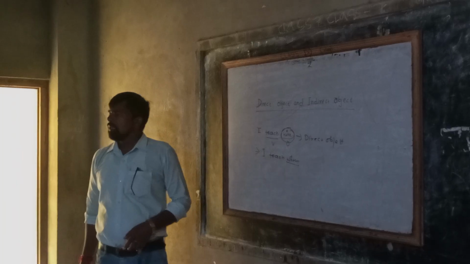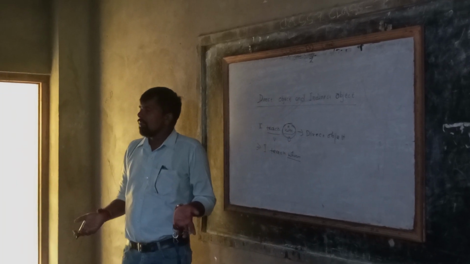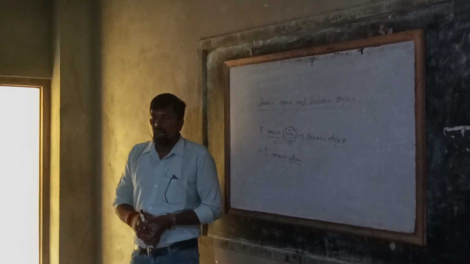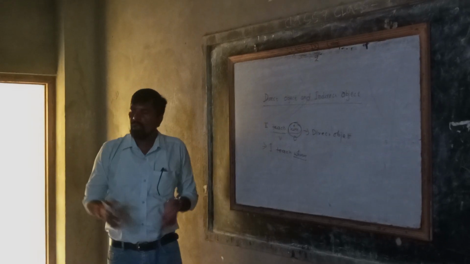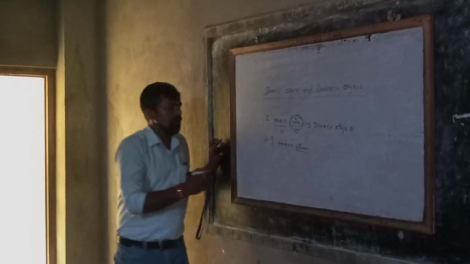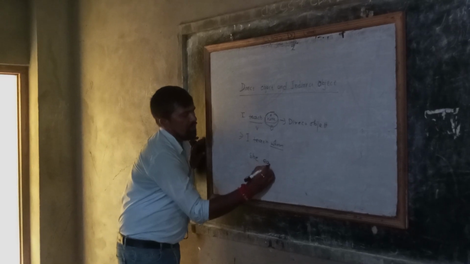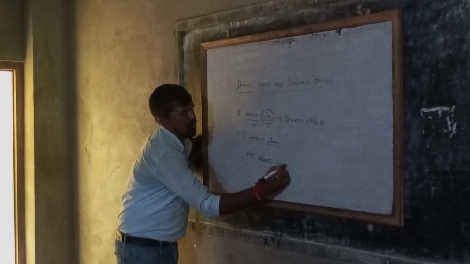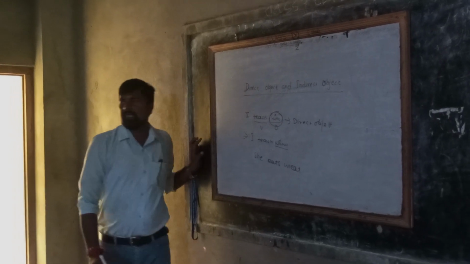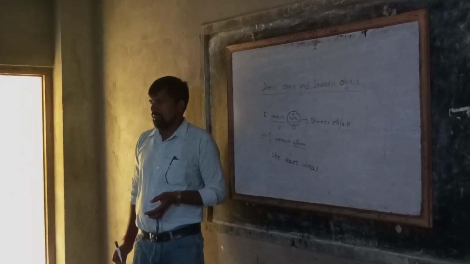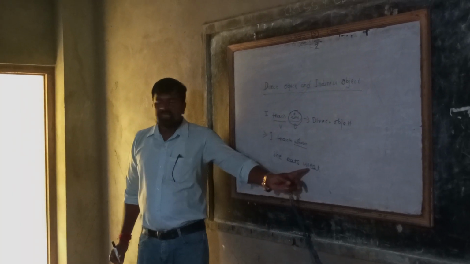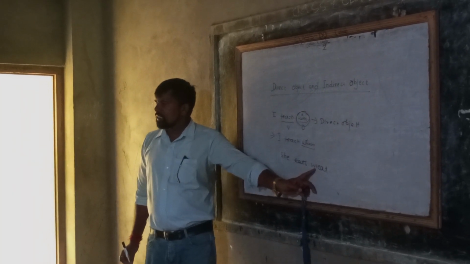Direct object means it is not only a non-living thing; it can be living also or non-living. Again, I show you one example here. Example: She eats meat. Very short sentence. So meat is the object.